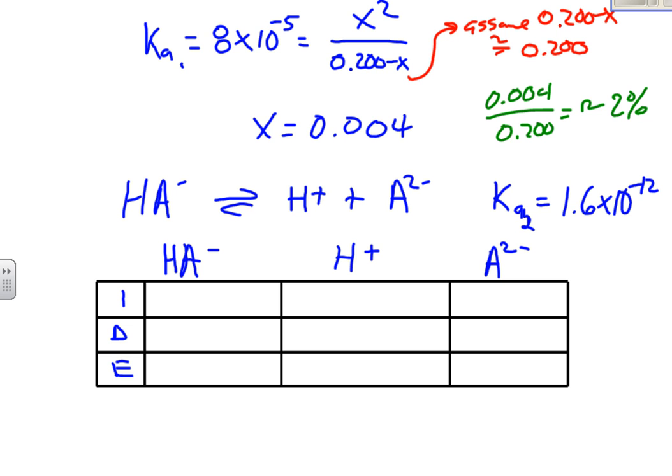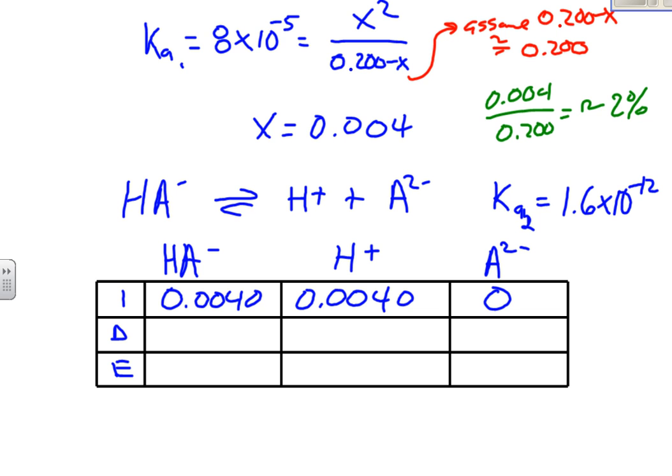They were the value of x, so the HA minus is going to be 0.0040. A common misconception here is people plug 0 into there, which it's not. And then 0 for the concentration of the ascorbate ion, the A2 minus.